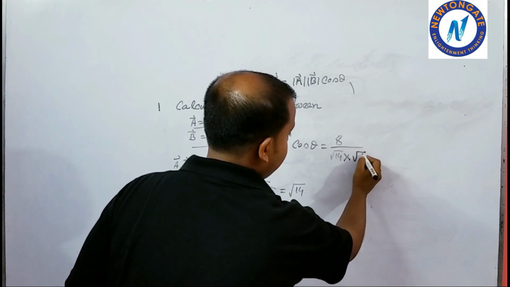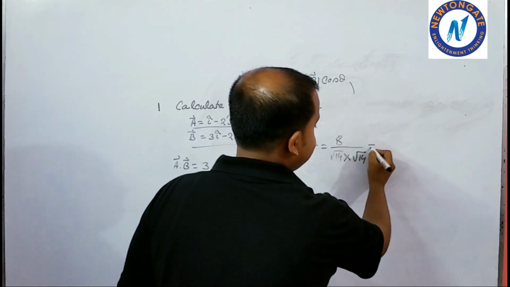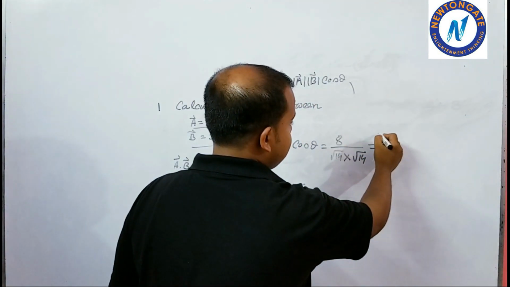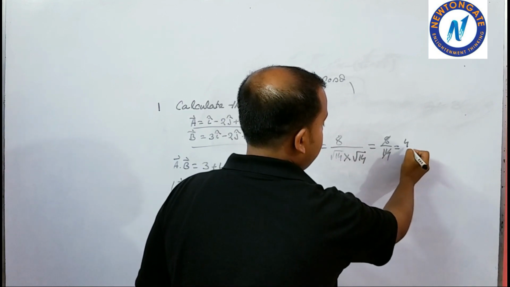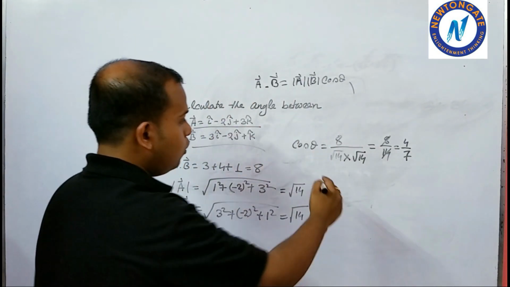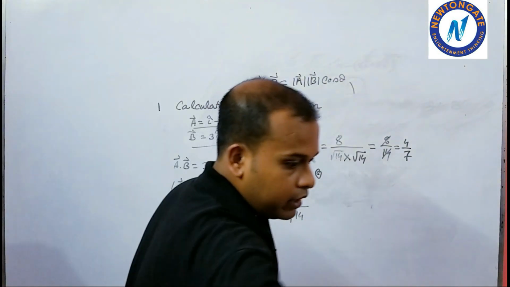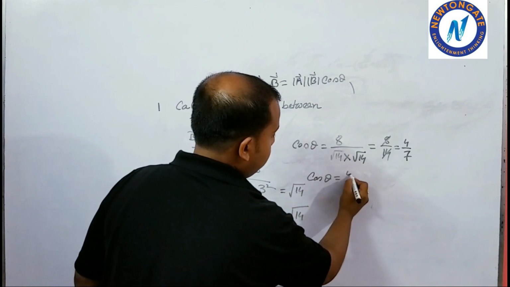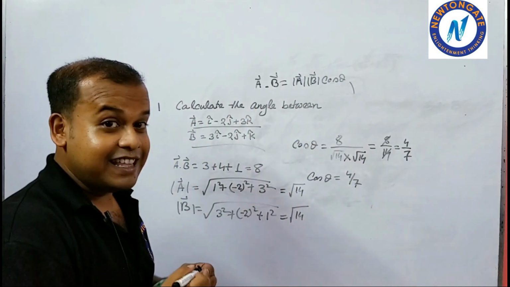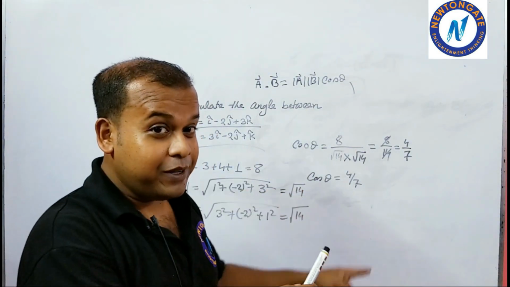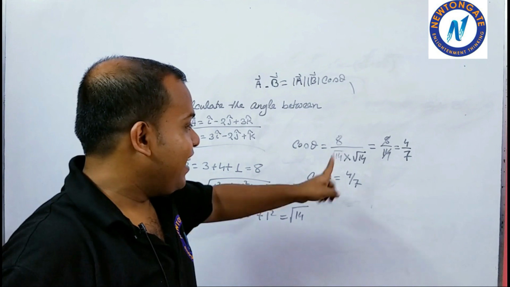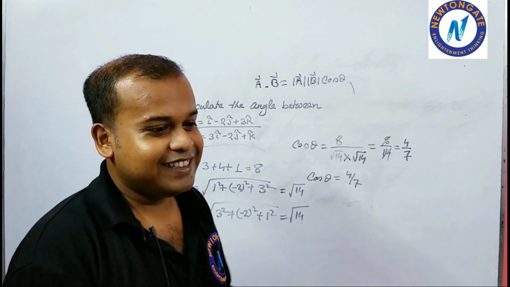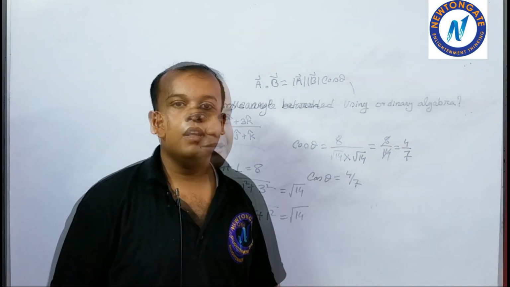So we get 8 by 14, which is basically, if I just cancel this and this, 4 by 7. So cos theta equals 4 by 7, and since 4 by 7 is between minus 1 and plus 1, and cos theta is also between minus 1 and plus 1, this answer is right. You can also verify your answer by this method.